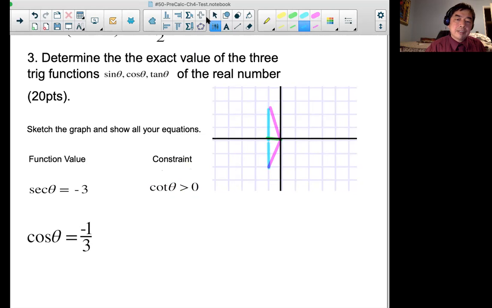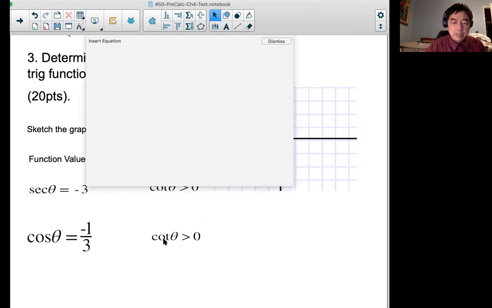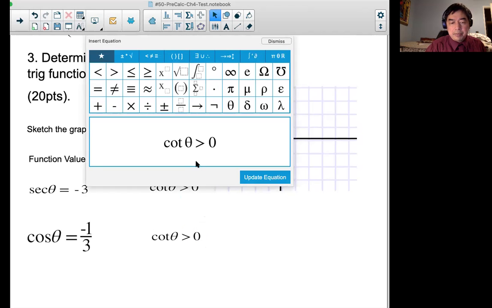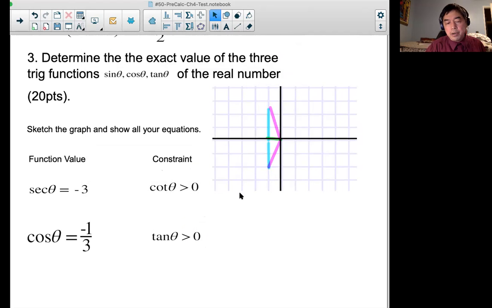It must be that tangent theta is greater than 0 as well, because cotangent and tangent correspond. When tangent is positive, it's going to be here, because all trig values, sine, cosine, tangent, are positive, okay?